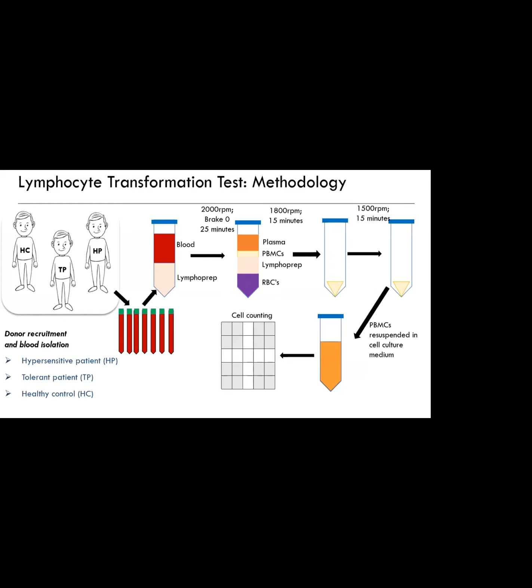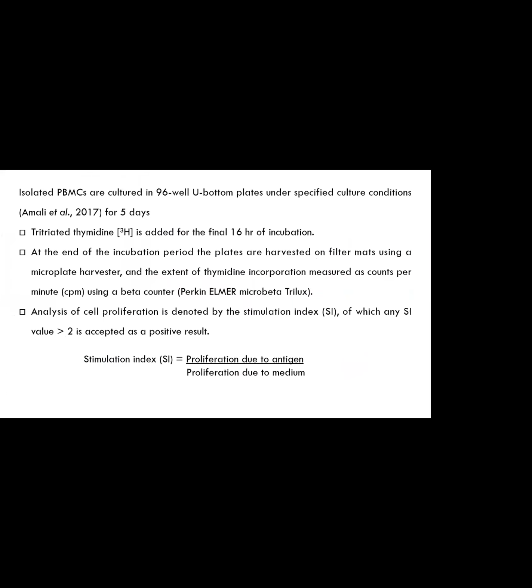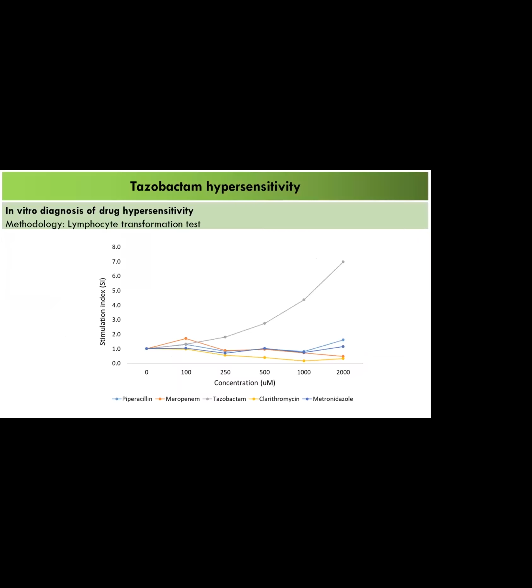So this is just a schematic showing how the blood samples are collected, how they are prepared, and the classes of patients that blood samples are collected for this particular test, so that you can compare the proliferation in hypersensitivity controls. What is generated at the end of the day is what is called the stimulation index. And a stimulation index greater than 2 is referred to.